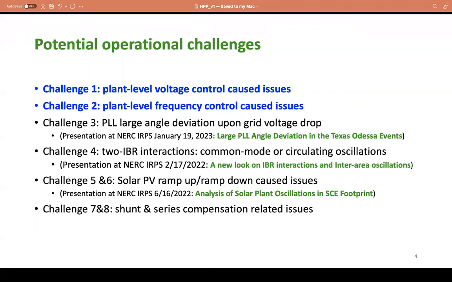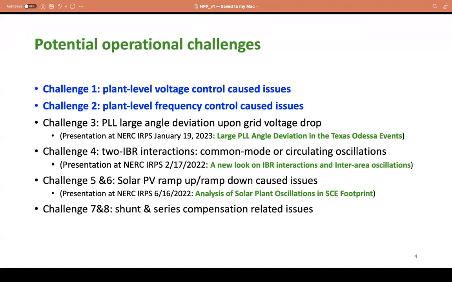This one tries to explain the Texas Odessa event. There will be a grid fault, voltage dip to 70%, and remote solar PV 200 miles away from the fault will see a large angle deviation. It's a very interesting characteristic of grid following inverters when they use a PLL frame.